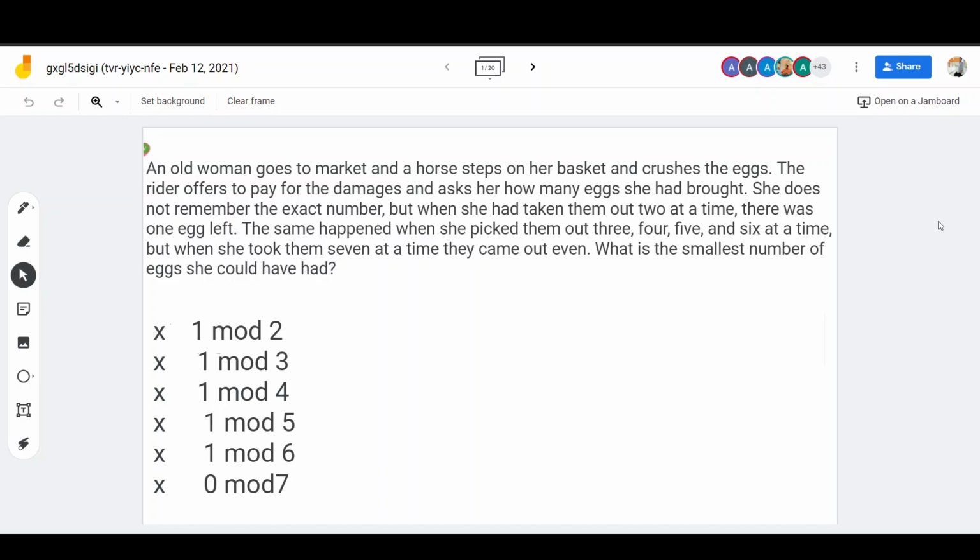You need to write here congruent to. This is congruent, and this is the congruent symbol, and here also this is the congruent symbol, and this is also the congruent symbol.